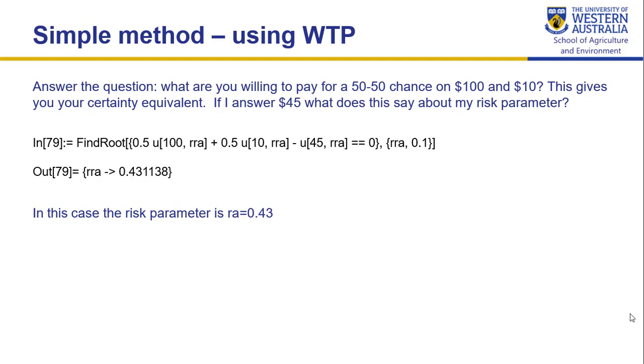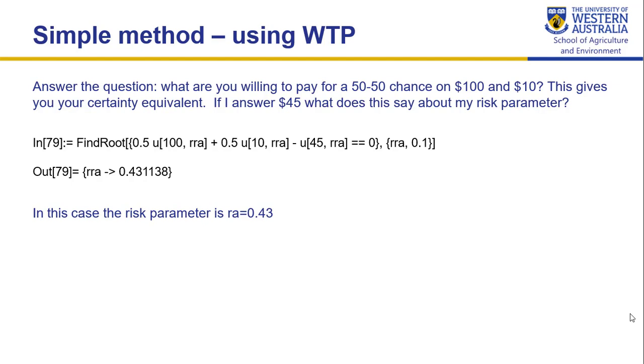So what we are doing here is taking the expected utility from the lottery, and we are taking the utility from the certain payoff, and we are setting the difference to be equal to 0. And once we set it up, then we can solve it and we can find the relative risk attitude, which in this case is 0.43.